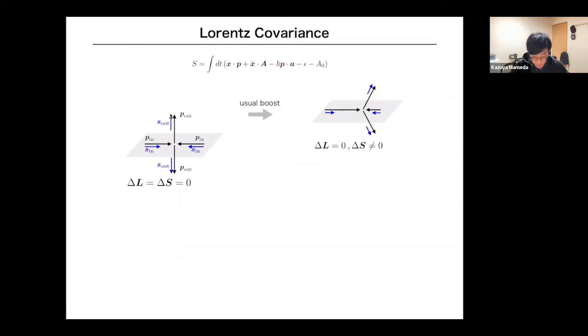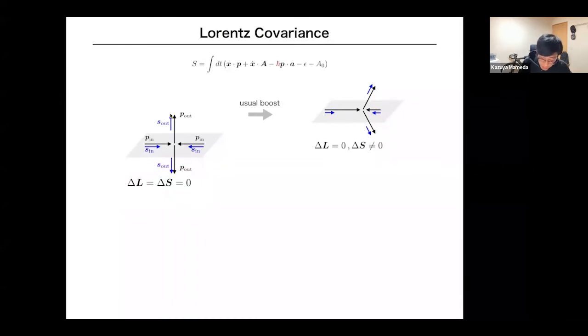So this means that this collision breaks the angular momentum conservation. Because in this case, we respect the total angular momentum conservation.